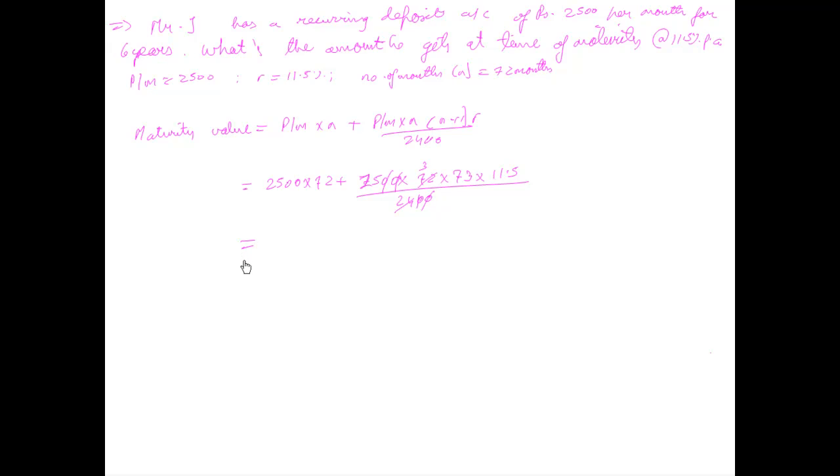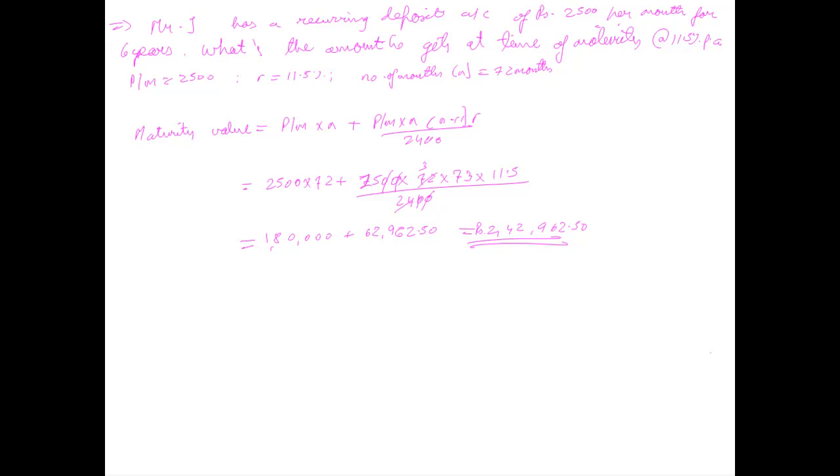Now children, we just have to multiply this. 2500 into 72, children, comes out to be 1,80,000, and the interest comes out to be 62,962 rupees 50 paise, which makes the full amount that he receives on maturity 2,42,962 rupees 50 paise. That's the amount the person receives on maturity.